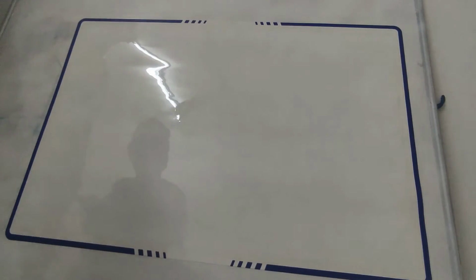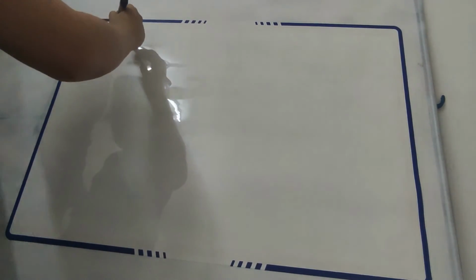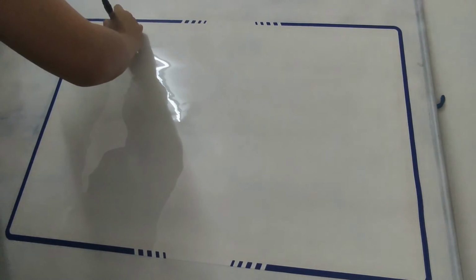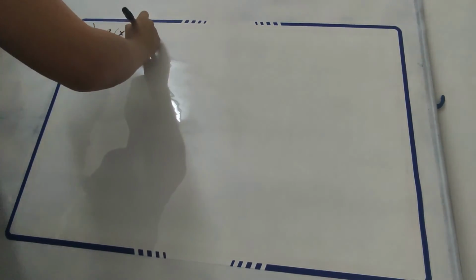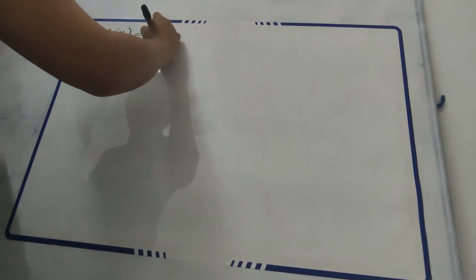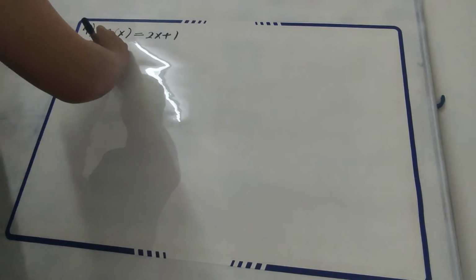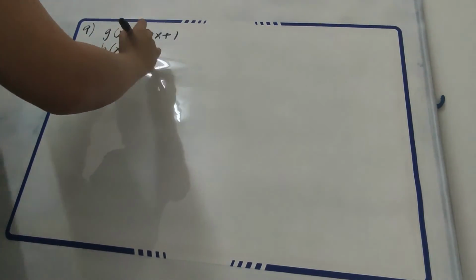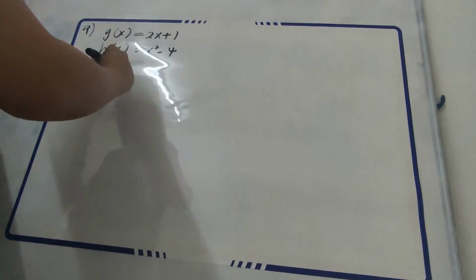Question number 9. You need to write down two equations. I normally write in this way, but both formats are the same. g(x) equals 2x plus 1. Then h(x) equals x squared minus 4.